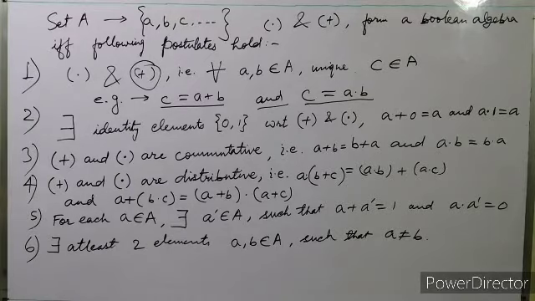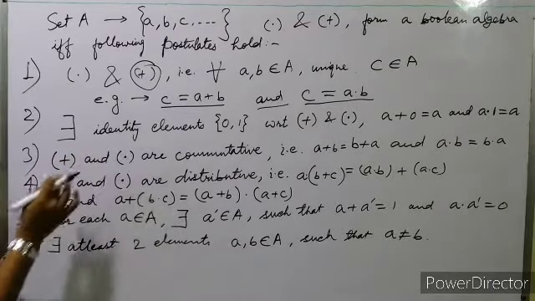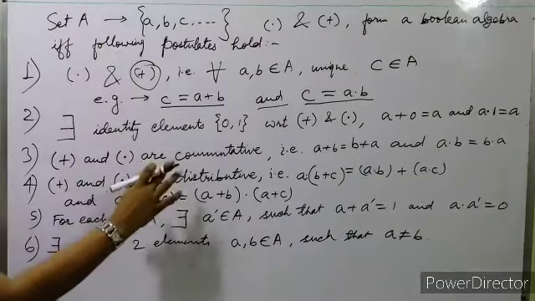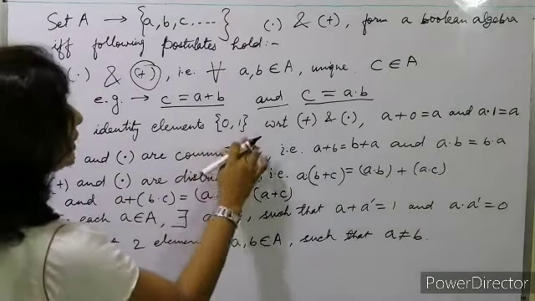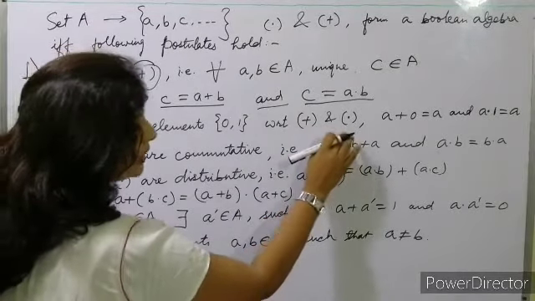Second postulate: there exists an identity element. There exist in set A identity elements 0 and 1 with respect to logical addition and logical multiplication.